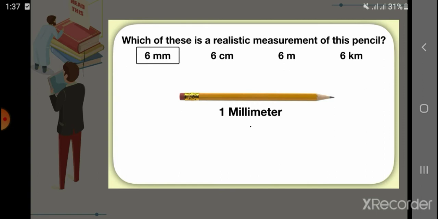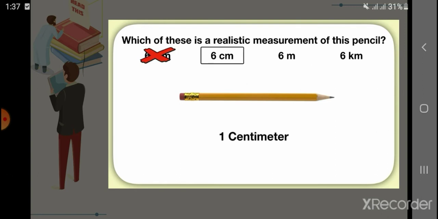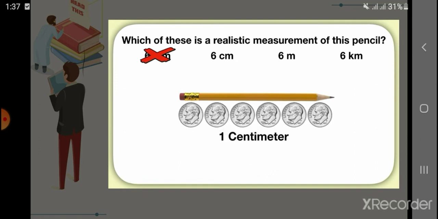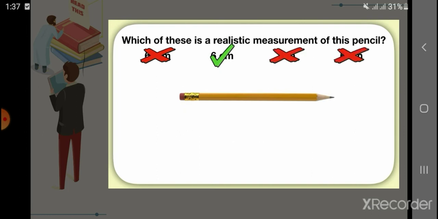We know that 1 centimeter is about the size of a dime. Does 6 dimes look right for the size of a pencil? Yes, 6 dimes is about the size of a pencil. That is a realistic measurement. So both 6 meters and 6 kilometers would be too long. The only realistic measurement of a pencil is 6 centimeters.